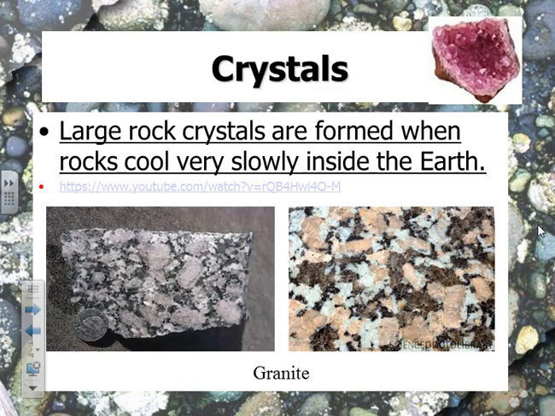Okay, so we've all seen these beautiful slabs of granite. And typically, people want them because they have these beautiful crystal formations. What you need to understand about crystals is that the large rock crystals are formed when rocks cool very slowly inside the earth.